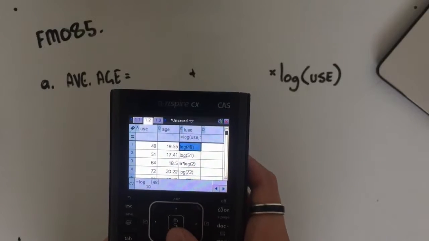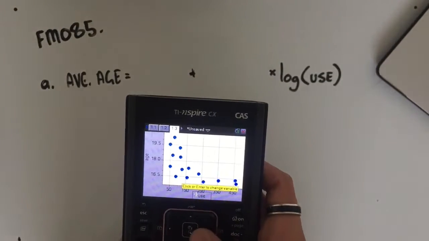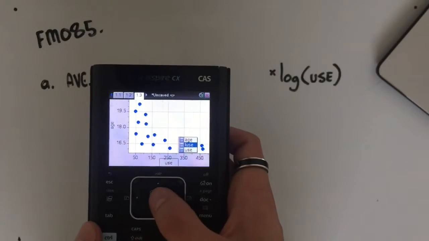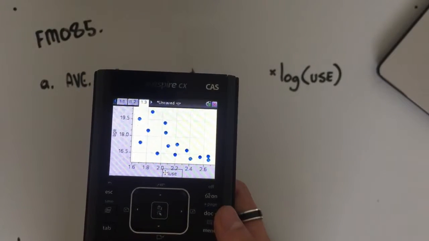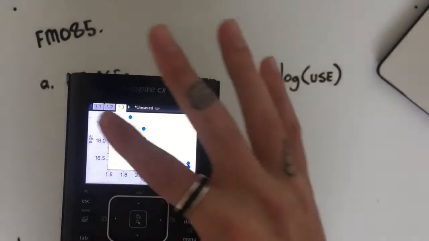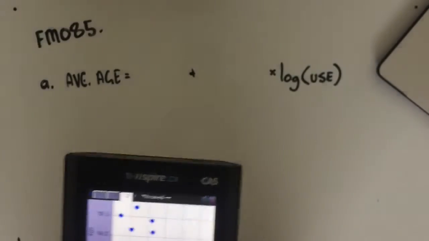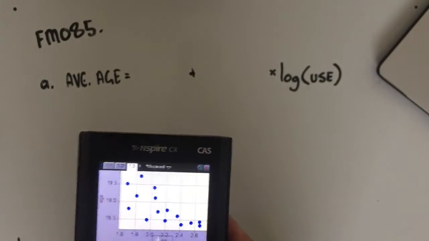So we get some fun little statistics over here. So if we change our use now to log use or L use, cool. Now that's looking like a little bit more linear. We've still got a little bit of a curve, but for the most part, we've got some straight data going on here. And for the purposes of practicing these questions, this is just what it's getting us to do.